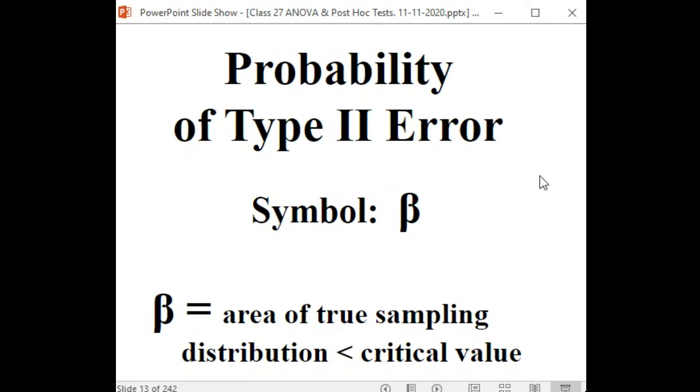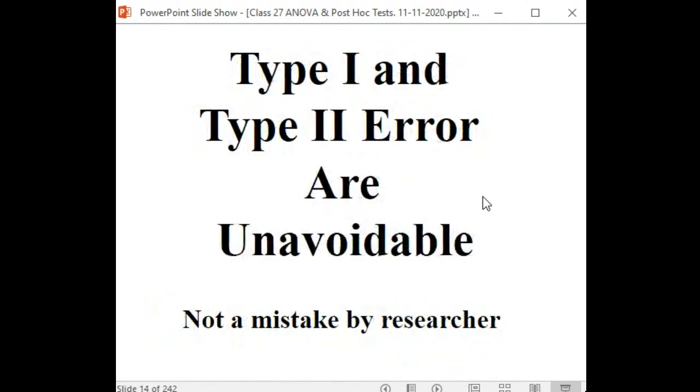Beta is also equal to the area of the true sampling distribution that is less than the critical value for t. An important point is that type 1 and type 2 error are unavoidable when we do a t-test. These kinds of error are just a part of using the t-test. They're not due to a mistake or carelessness by the researcher.